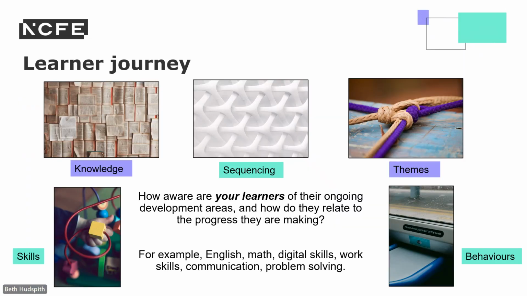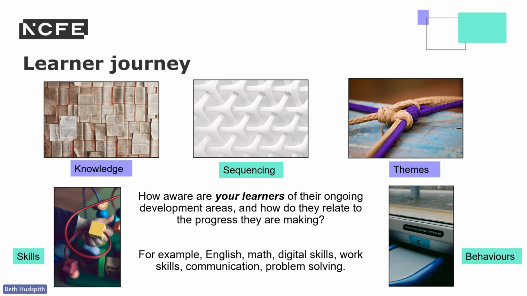Thank you. So we'll be aware of the qualification content, which is your curriculum, and you'll be planning the order of delivery. But it's also important to remember the whole learner journey, and that includes the knowledge, skills and behaviours that learners need to be successful in their chosen industry area.